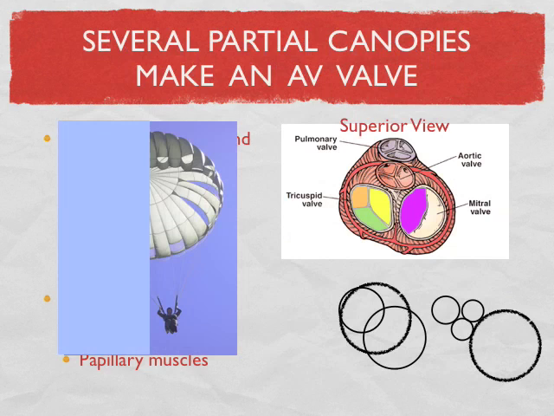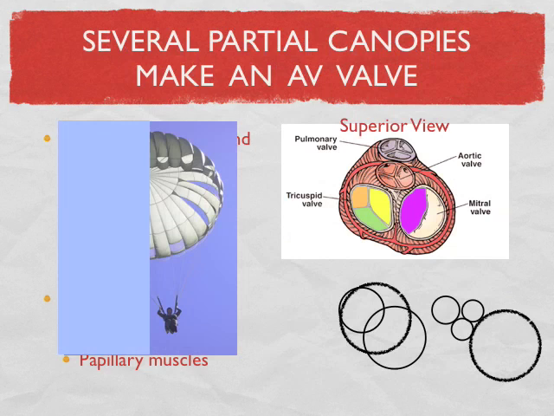If you stitch the little pieces of a parachute along here, then the parachute can open, but just part of it opens. And the parachutes always open into the center of the valve. This is where the name comes from. When I say tricuspid, what am I talking about? There's 3 little partial parachute pieces that are anchored along the edge of the opening.